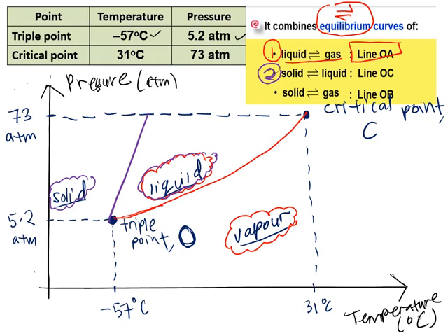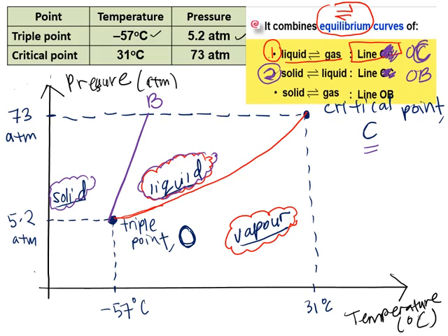Okay. Oh, ni saya dah label lain. Line O ni OC. Okay. Saya gunakan C adalah simbol untuk critical point. Manakala solid liquid katakanlah saya gunakan line OB. So saya labelkan O to B. Okay, B adalah point sini adalah curve solid and liquid in equilibrium.